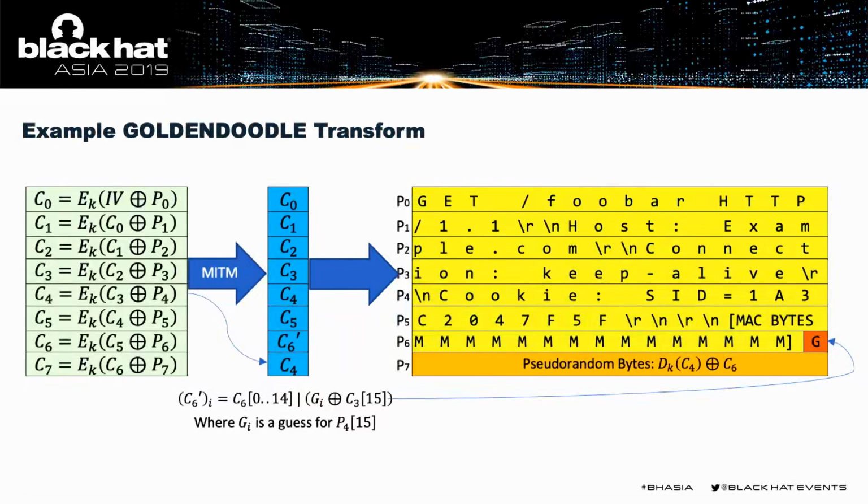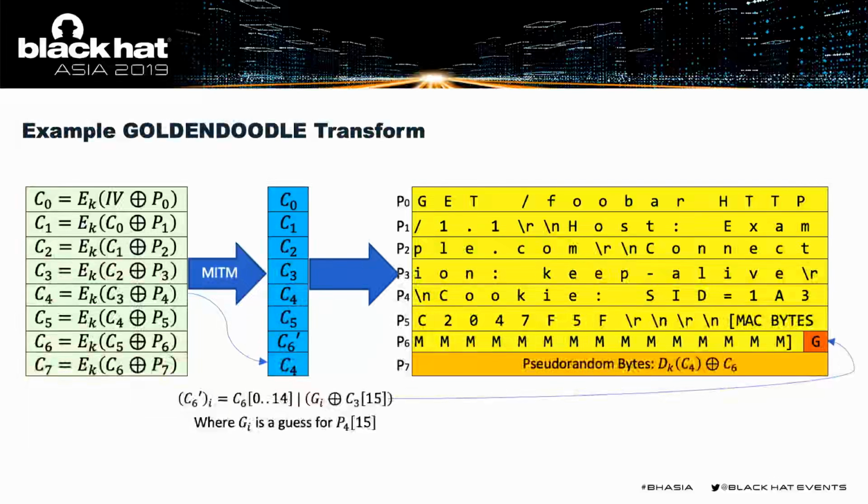So you can see there the equation for how we're calculating this, but basically we're going to guess the plaintext value and use that by XORing with the previous ciphertext to come up with what would have been the block cipher decryption output from this targeted ciphertext block if our guess was correct.